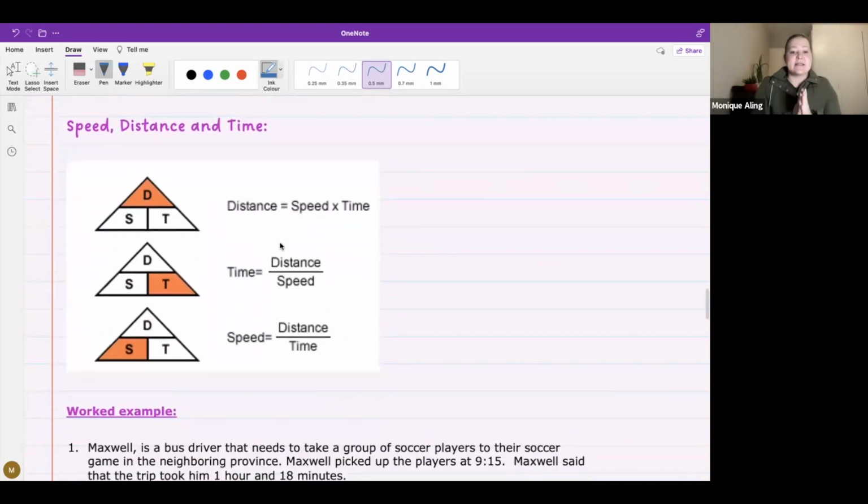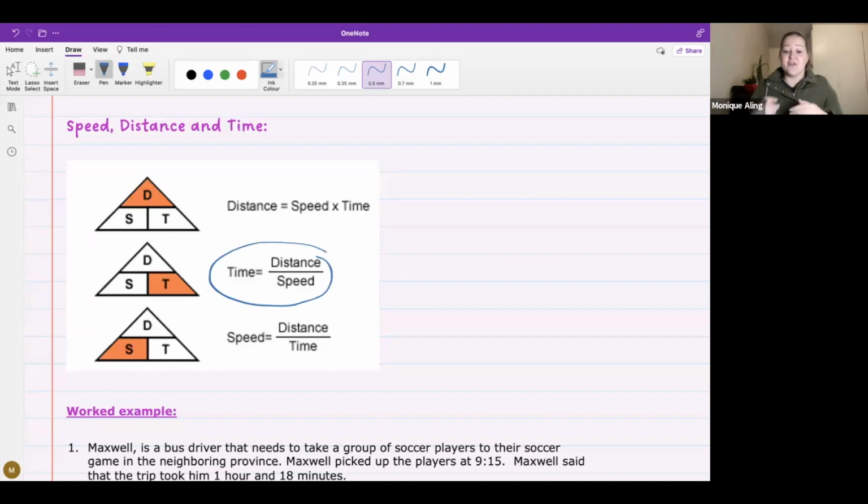So with speed, distance, time, for the most part, they do give you the formula in the exam, but sometimes they can give you the incorrect formula. And that's not a typo or anything, that's just something that they do to make the question seem a bit harder. So they might ask you to please work out distance, and they might give you the time formula.